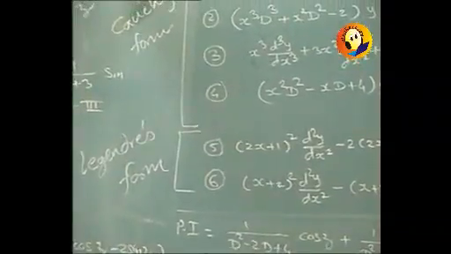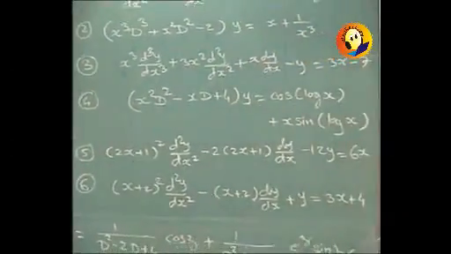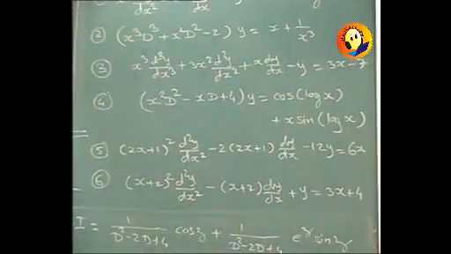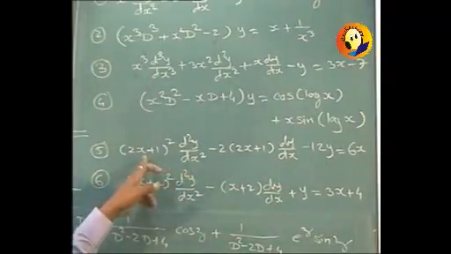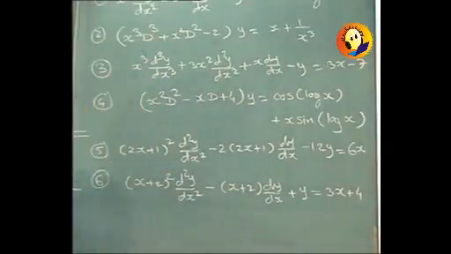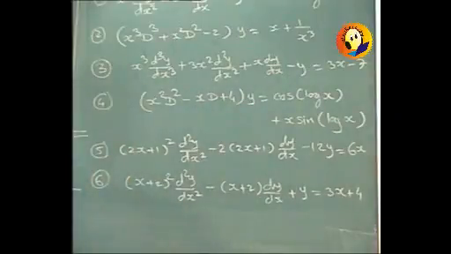So up till now we were solving the problems of Cauchy's form, and problem number 5 and 6 will be in the Legendre's form. And you can observe that in both these cases we don't have the multiplier which is directly the power of x, but it is some polynomial of x which is coming into picture, and first of all we are required to get rid of that particular term which is 2x plus 1 or x plus 2.